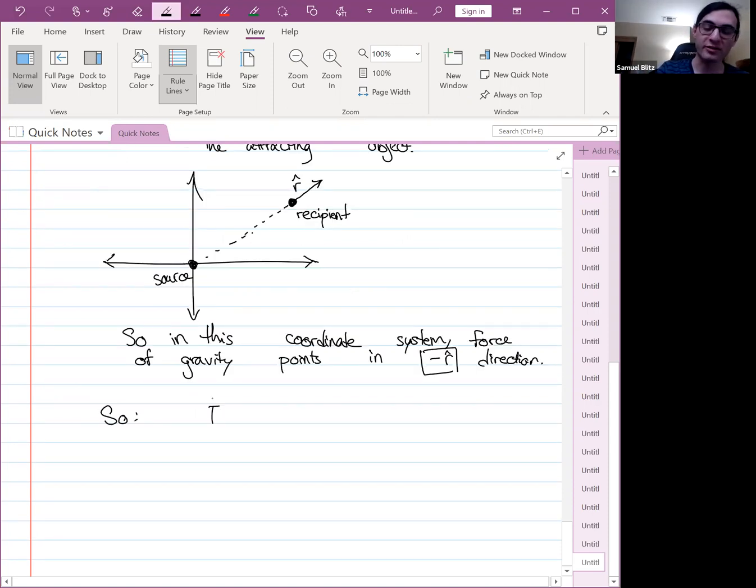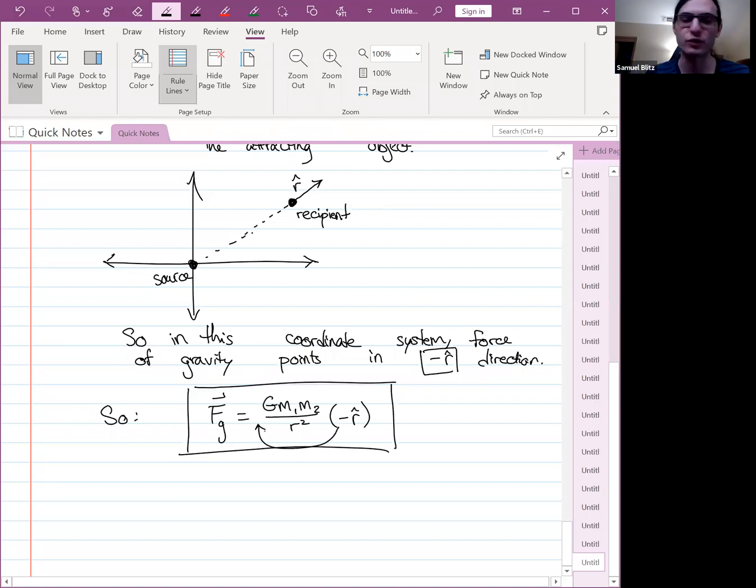The force of gravity as a vector is, well, let me put it the other way: G m1 m2 divided by r squared times minus r hat. So that is our force of gravity. And you'll usually see this minus sign moved up front, but it doesn't matter where it is.